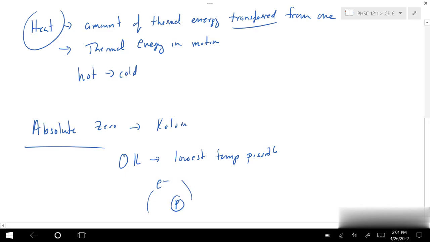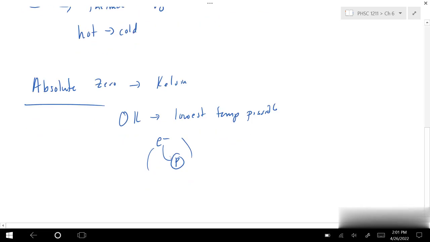If you have protons in the nucleus and an electron going around, and it stops moving, it's going to fall in and crash and have crazy things happening. So at absolute zero, that's where things just stop. We've never gotten to that point. We've tried. We're at half a Kelvin, 1 Kelvin, which is like minus 400 and some odd degrees Celsius or Fahrenheit. Super, super cold.